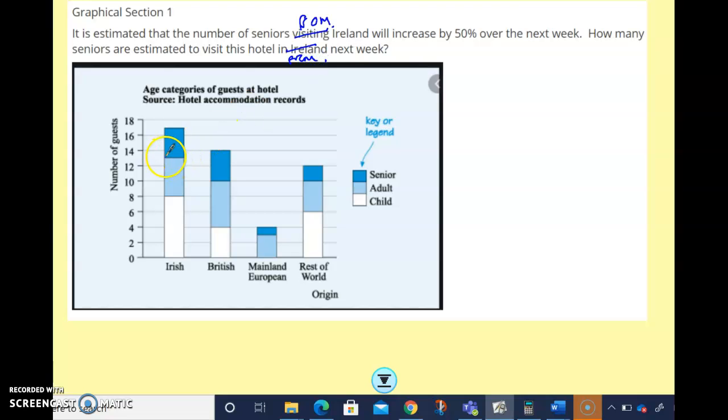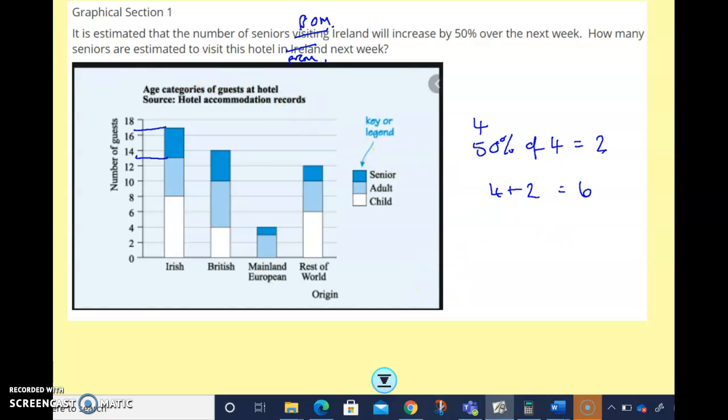Okay, so the seniors start here at 13, go up to 17, so there is 4. 50% of 4 just means out of 100, so you can still do this as 50 divided by 100 times 4, or you can just work it out. It's 2 extra, add it on, so there would be 6 seniors from Ireland visiting the hotel.